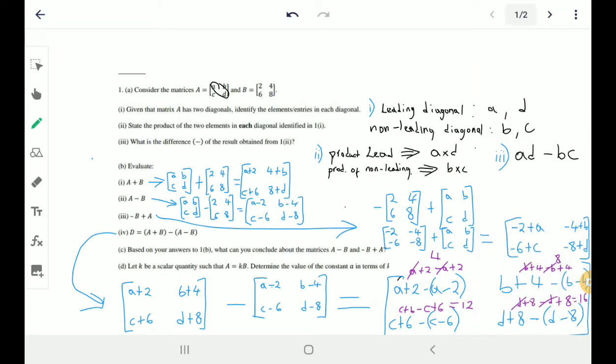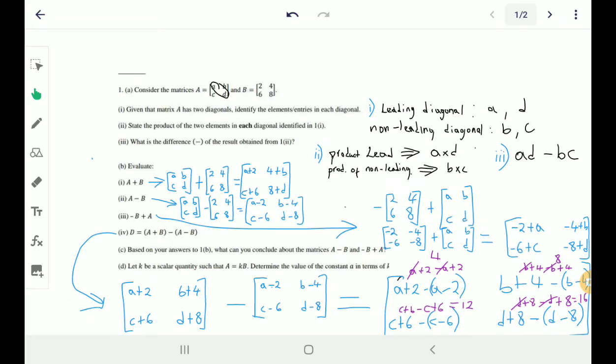Alright, so based on your answers in 1B, what can you conclude about A minus B and negative B plus A? Now if you look at it, A minus B was this one here, which is A minus 2, B minus 4, C minus 6, D minus 8. And then negative B plus A gives us this as our result. Negative 2 plus A, negative 4 plus B, negative 6 plus C, and negative 8 plus D. What do you notice about these two?